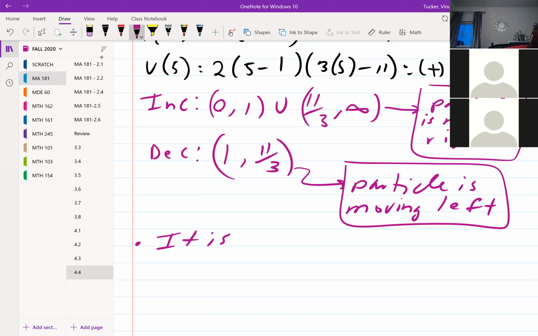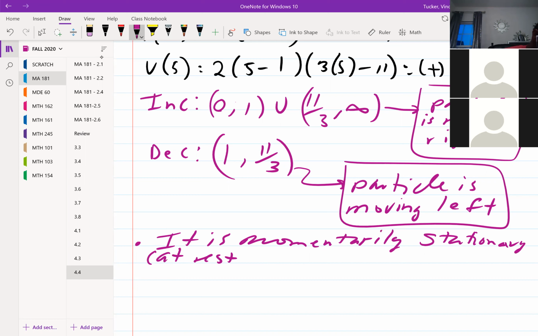It is momentarily stationary, at rest, at t equal to 1 and t equal to 11/3.